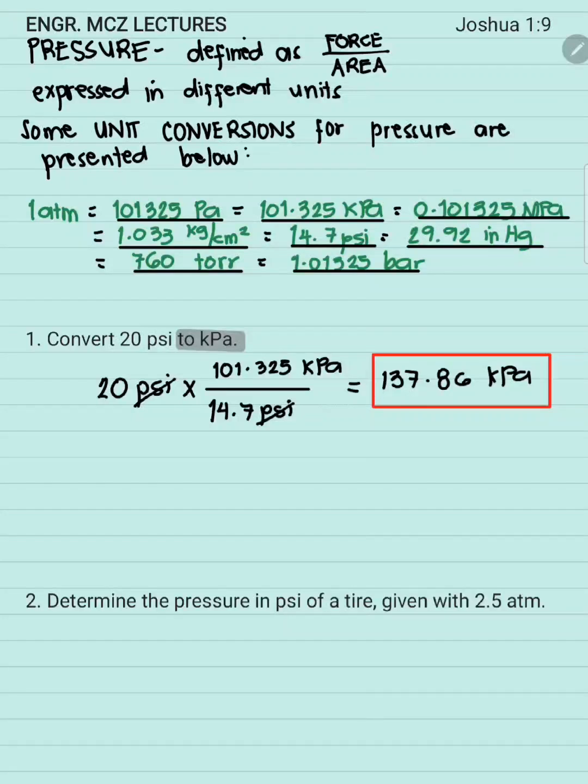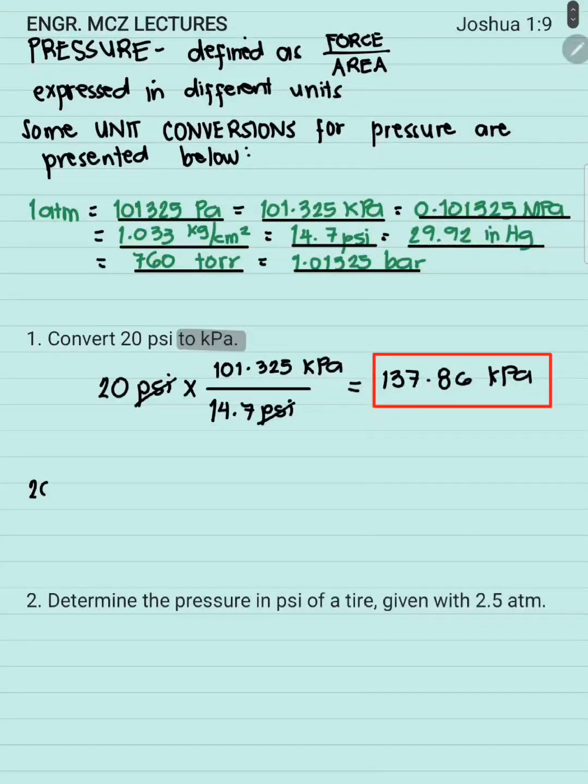To avoid confusion, you can also express this solution this way. Let's say we are given 20 psi of pressure.